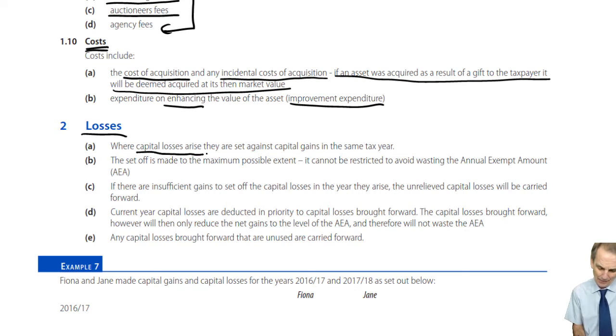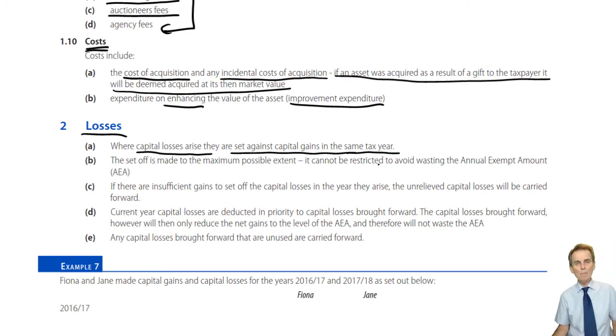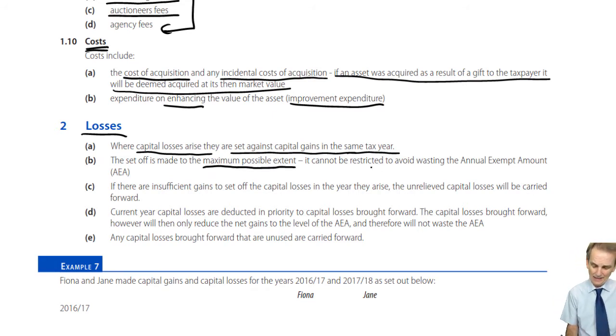So, where capital losses arise, they are set against gains in the same tax year. We know we must net out gains and losses of the year. The set-off is made to the maximum possible extent. It cannot be restricted to avoid wasting the AEA.